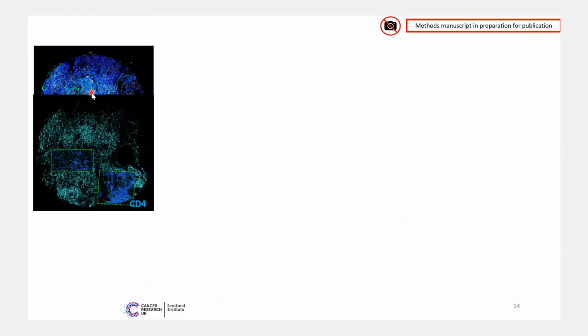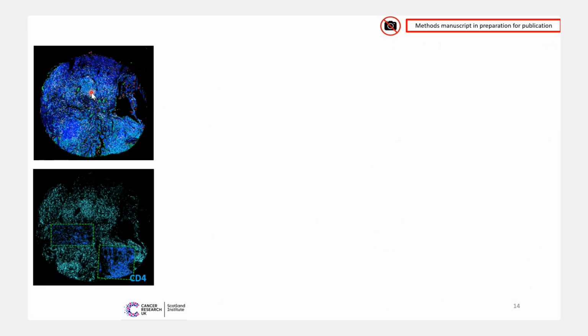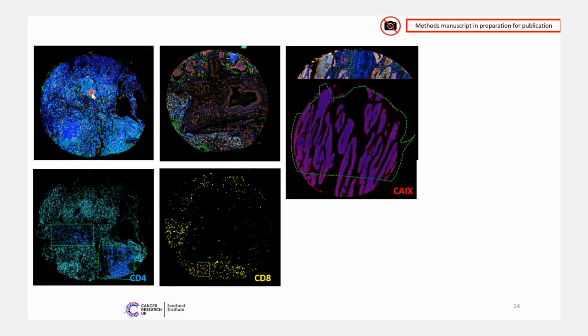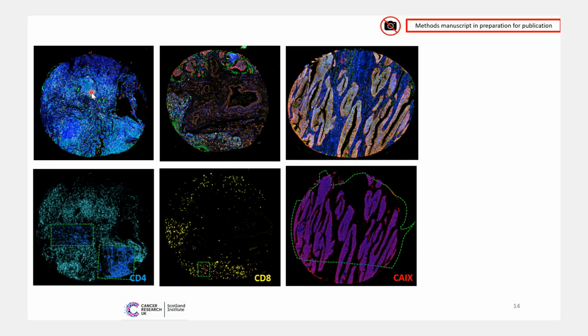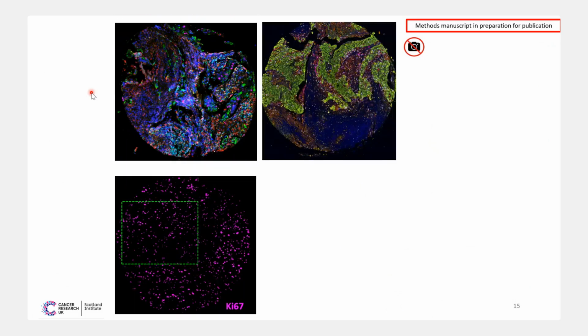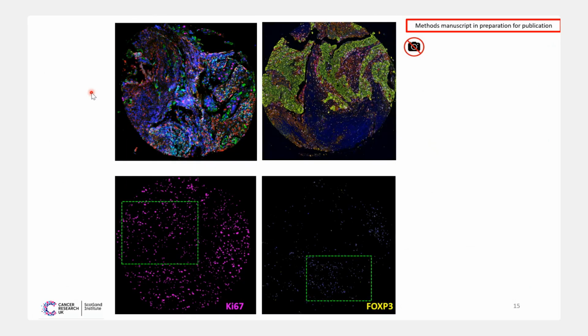And for membranous, we've got the same multiplex image here, a different core though. We extracted the CD4 channel from that, the CD8 channel, and we extracted CD9, sorry, SEA9, and PDL1. And for our nuclear staining, we use Ki67 and FOXP3.